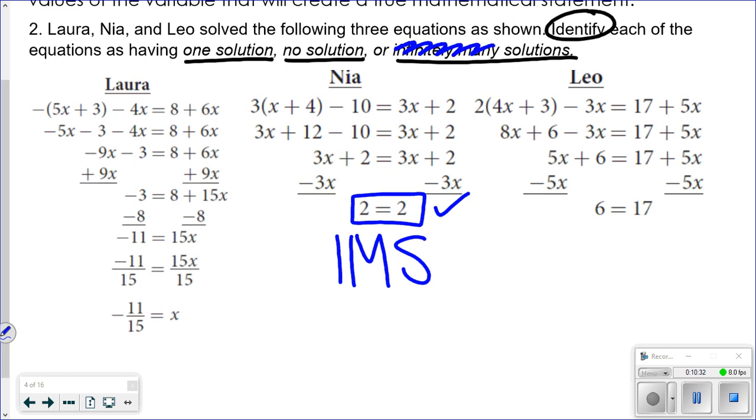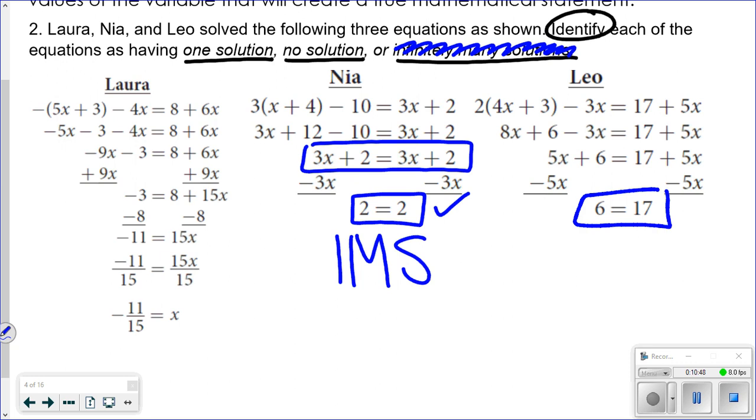And I'm going to cross out that answer. So again, if you look here, everything is the exact same. 3x plus 2 equals 3x plus 2. Leo. Leo got 6 equals 17. Is that a true statement?